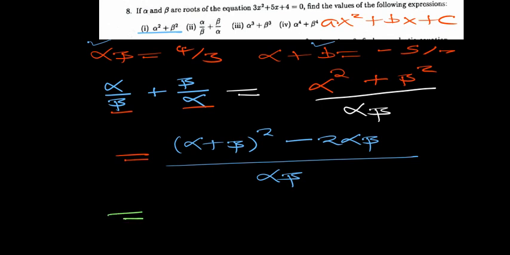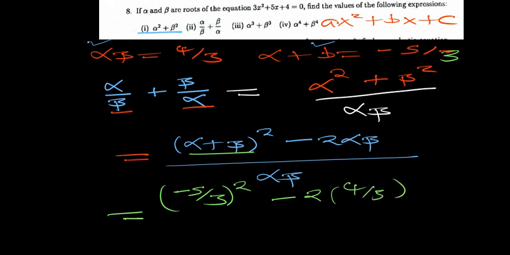So we can just substitute: alpha plus beta, that's negative 5 over 3, let's not forget, negative 5 over 3 squared, minus 2 alpha beta, the product is 4 over 3, divided by alpha beta. Alpha beta is 4 over 3.